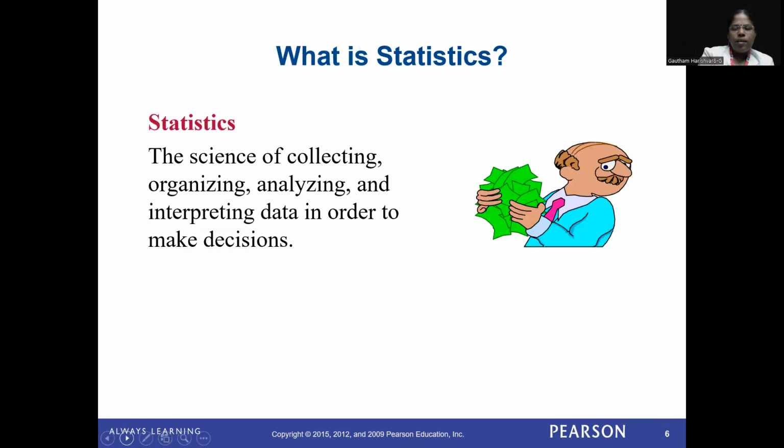Next, you are going to see what statistics is. The definition of statistics is the science of collecting, organizing, analyzing, and interpreting data in order to make decisions. So there are many steps to give a conclusion about the data.